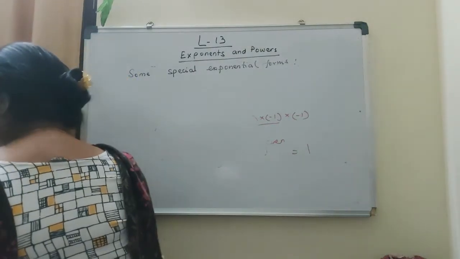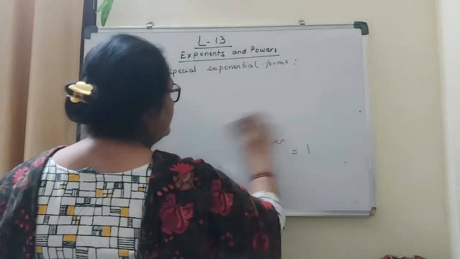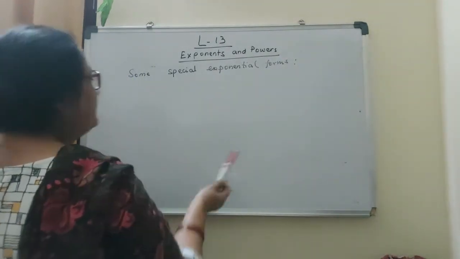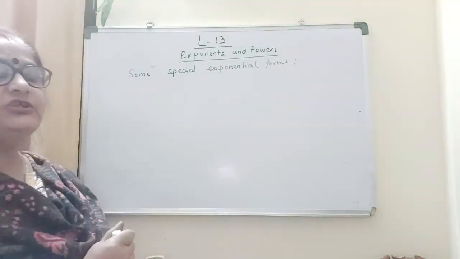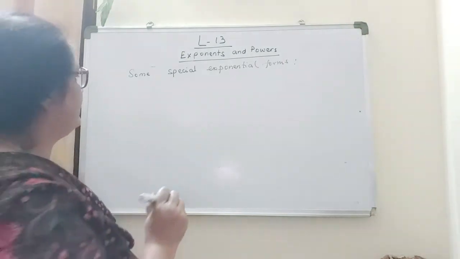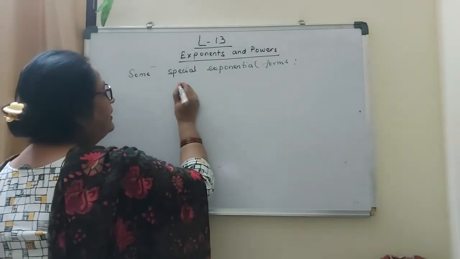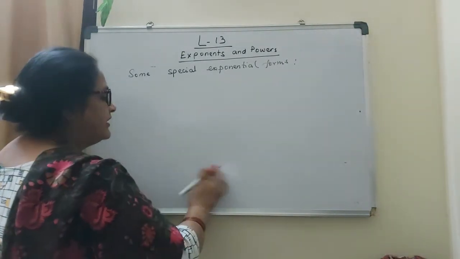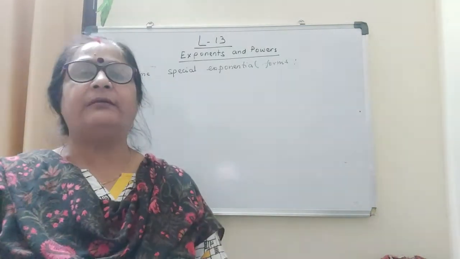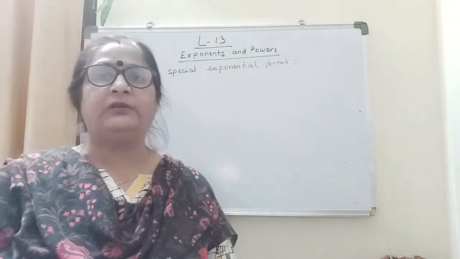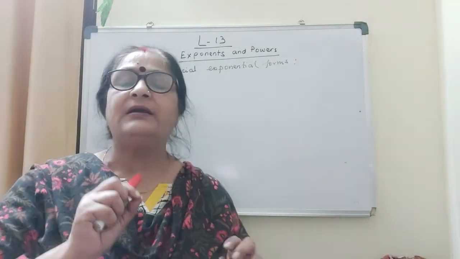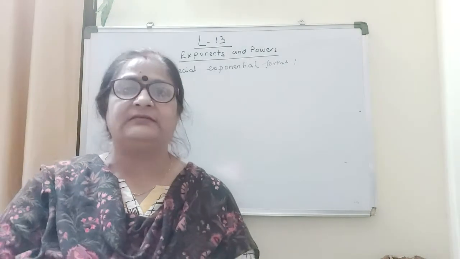Next is conversion to power notation. I'll just do this very quickly. I'll give you an example. To convert any number into its power notation, you will have to find the prime factors of that number.